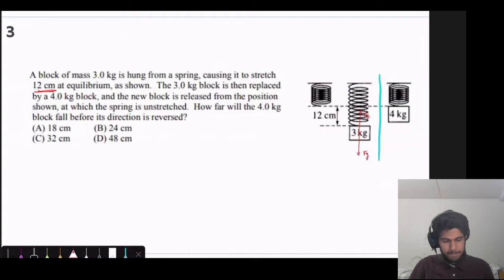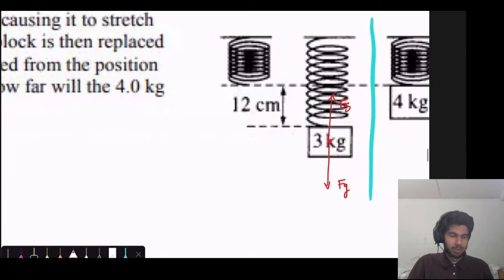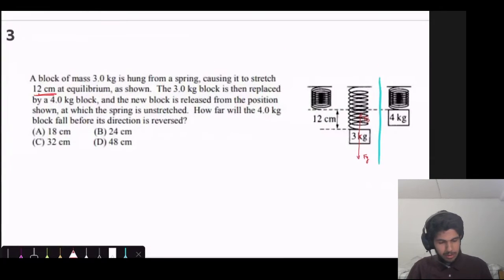Okay. So the block is sort of just sitting there. It's reached this position here where the spring is stretched. So that means at this point, the block is not accelerating. So we can sum the forces in the y direction, and that should equal m times a_y, and that's going to be 0 because there's no acceleration in the y direction.